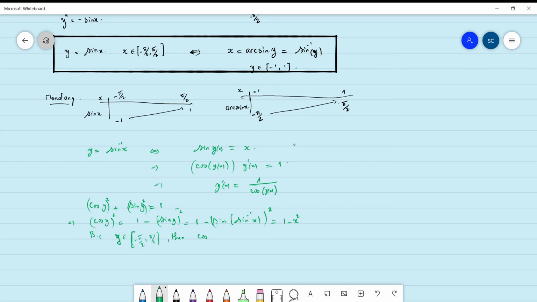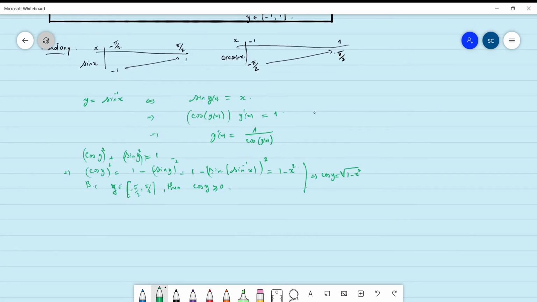So cosine y is the positive square root of 1 minus x squared, which gives us the new formula for the derivative of arcsine x: 1 over the square root of 1 minus x squared.